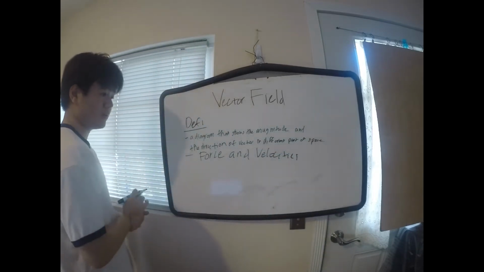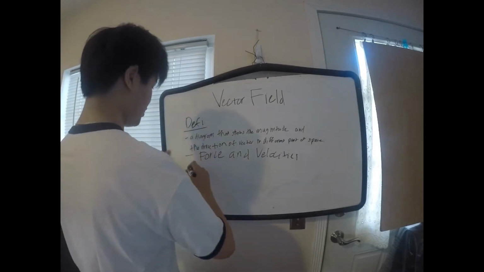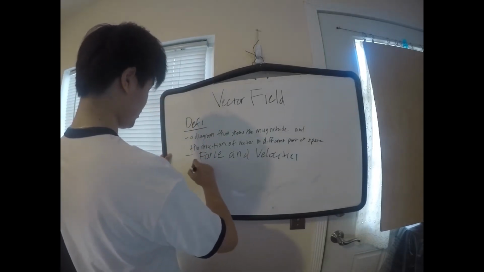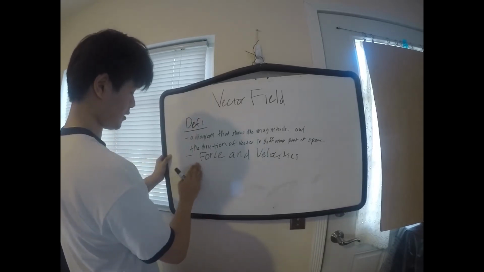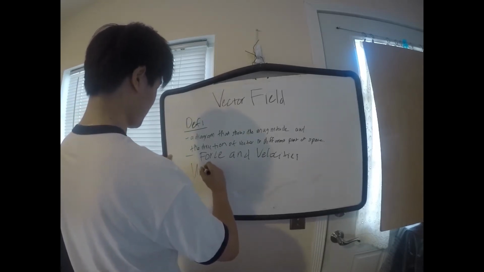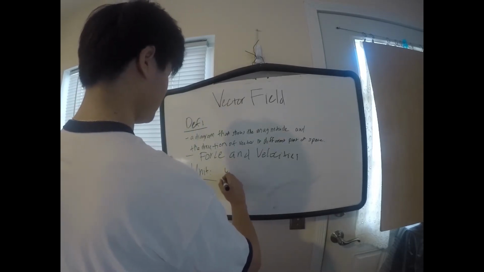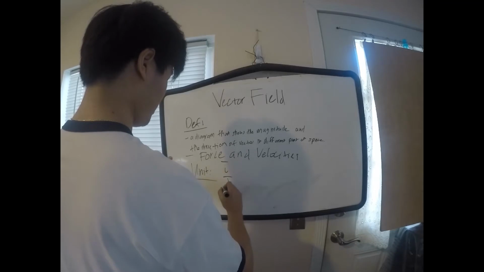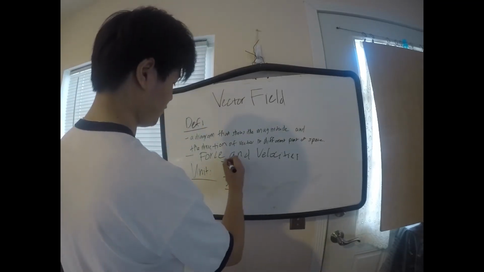Okay, and now I will be showing the unit of the vector. The units of the vector are I, J, and K. And this line right here indicates a vector.